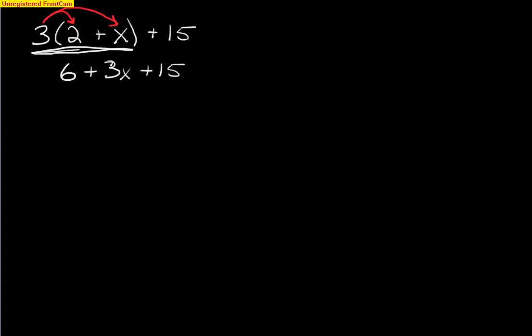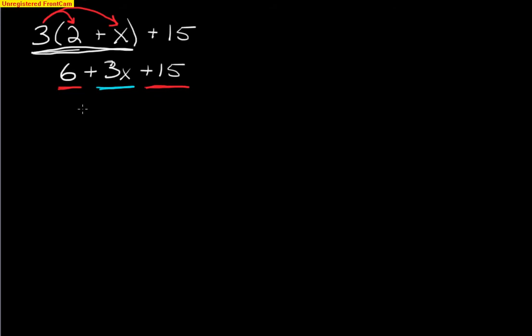So looking at this, I'm going to underline like terms in red. So for the constants, we have 2 constants. We have 6 and 15. Okay, and then for the variable we have this 3x here. So there's only one 3x, so there's only one variable, so there's nothing to combine it with.